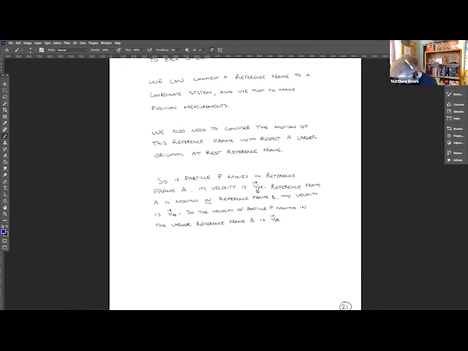So particle P is moving in its own little reference frame, its own box. We're calling that reference frame A. But reference frame A, this box, is also moving inside of its own bigger reference frame that we're going to call reference frame B.